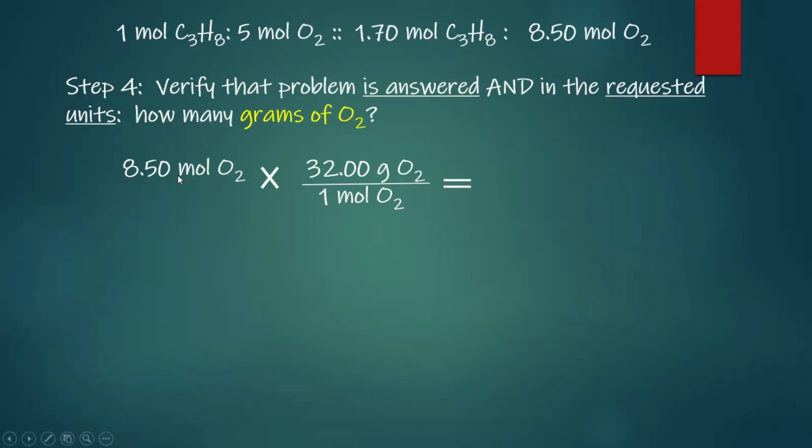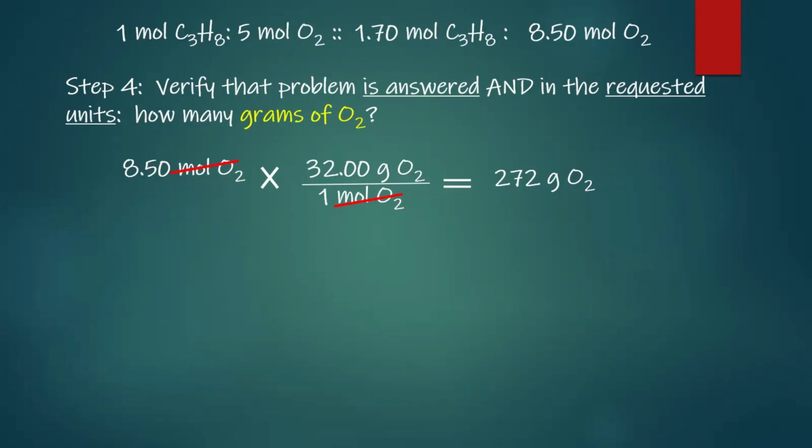So 8.50 moles, let's cancel the moles out. So 8.50 times 32.00 grams is 272 grams of oxygen gas. So that's how many grams of oxygen gas it would take to completely burn 75 grams of propane.